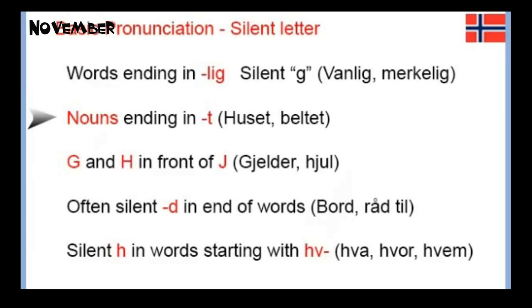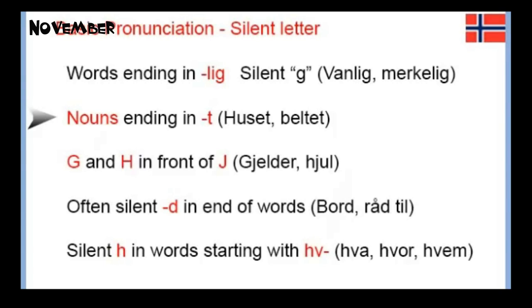The next silent letter is the letter T in definite nouns. We will cover this in the next video. Norwegian has three genders: male, female, and neutral.